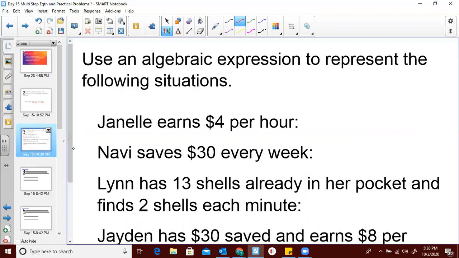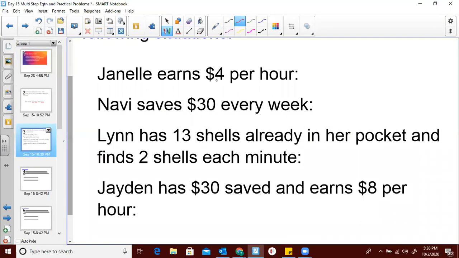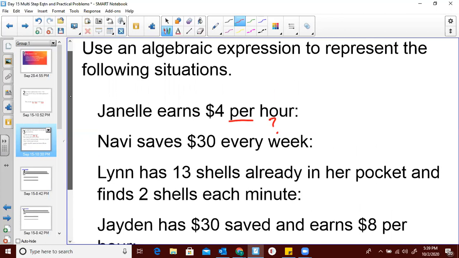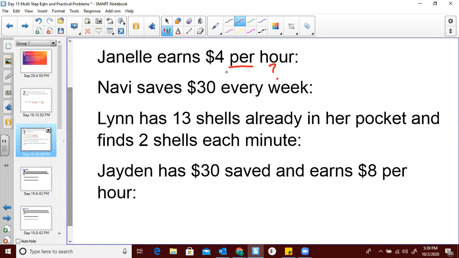Like here we have Janelle earns $4 per hour, but I don't know how many hours Janelle's working. So if I wanted to figure that out, and the directions say, use an algebraic expression to represent the following situations, I would write 4x.